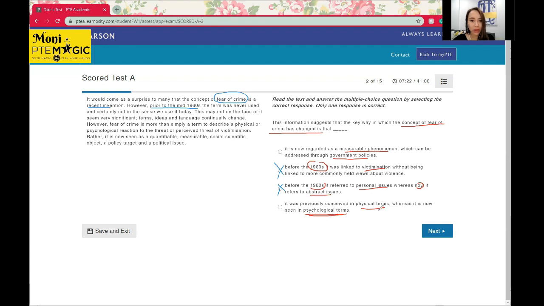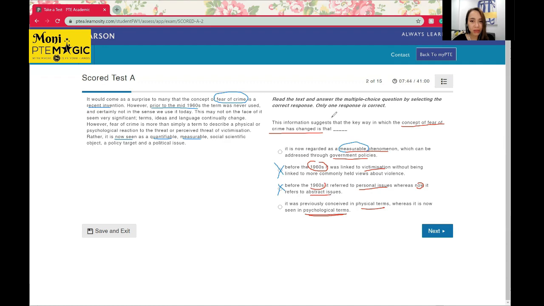So none of this one. Rather, it is now seen as quantifiable, measurable. Can you see it here? It is now seen as a social scientific object, a policy target, and a political issue, which can be addressed through government policies.